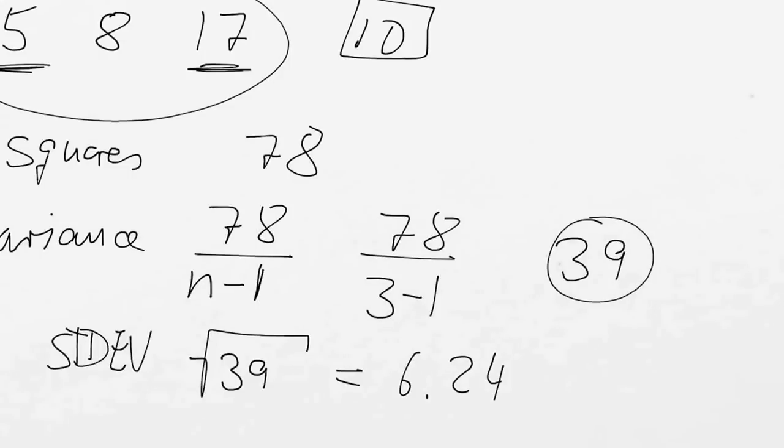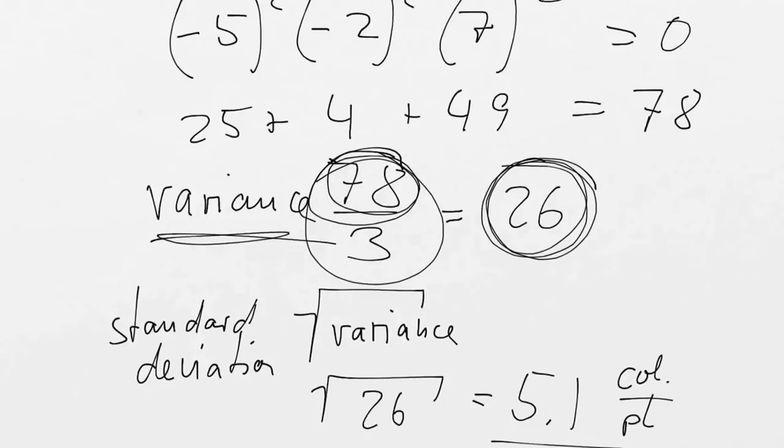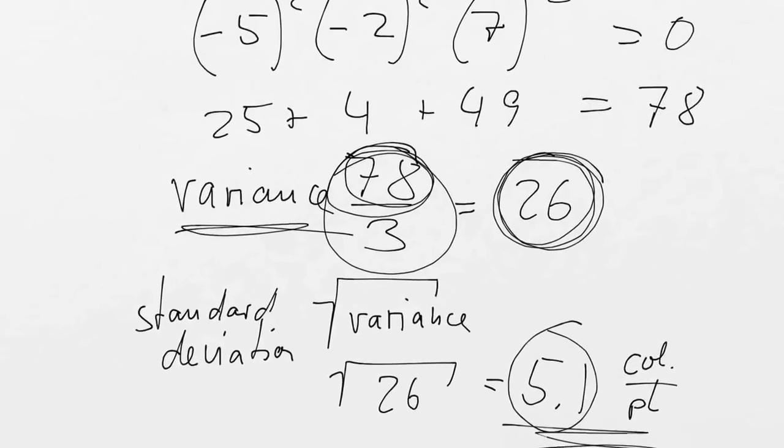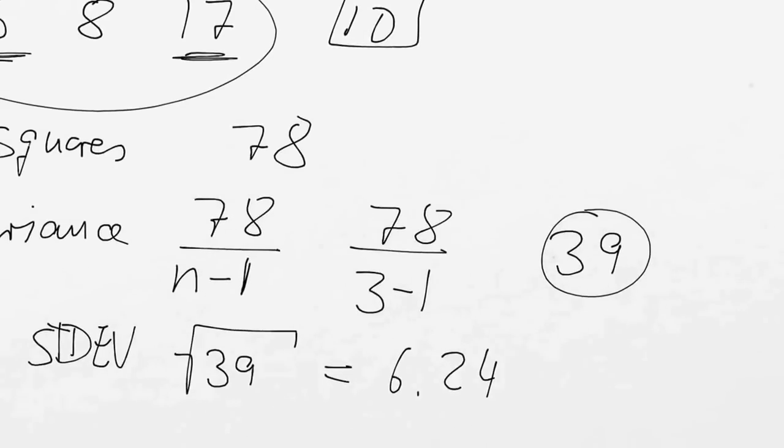Yeah? So before, when I just simply summarized the data, my standard deviation was 5.1, the spread, and now the spread is 6.24. It's wider. It's not dramatically wider, but it is wider.